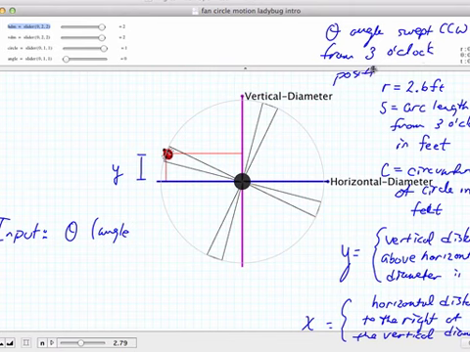It could be in anything, okay, but we're going to do radians. And we'll explain that later, why it's going to be radians. Okay? And then the output.